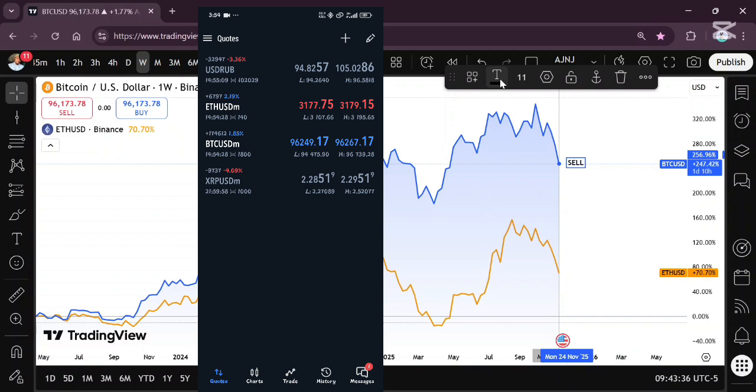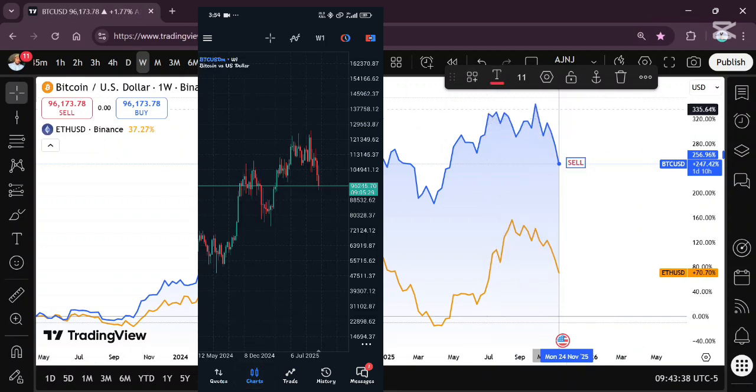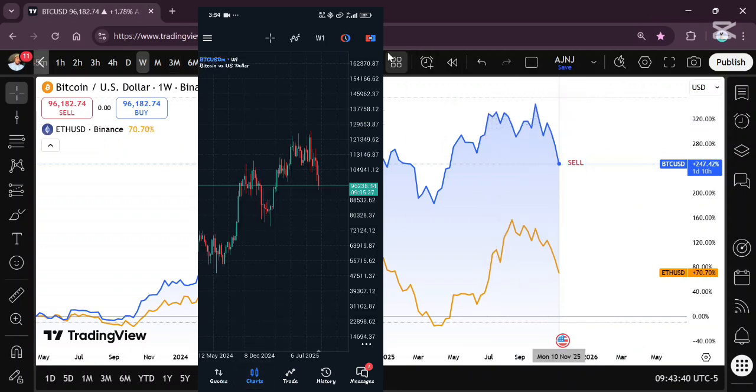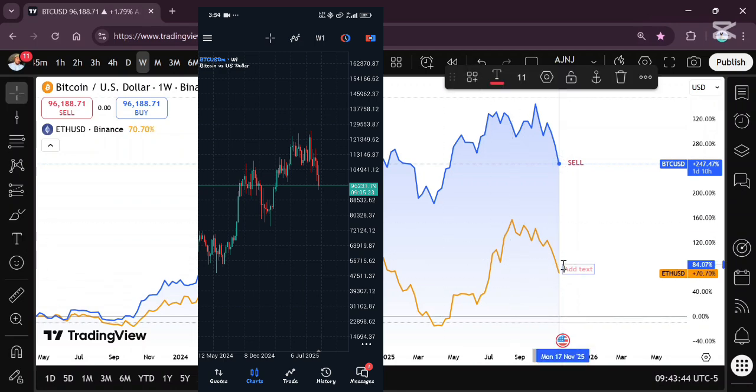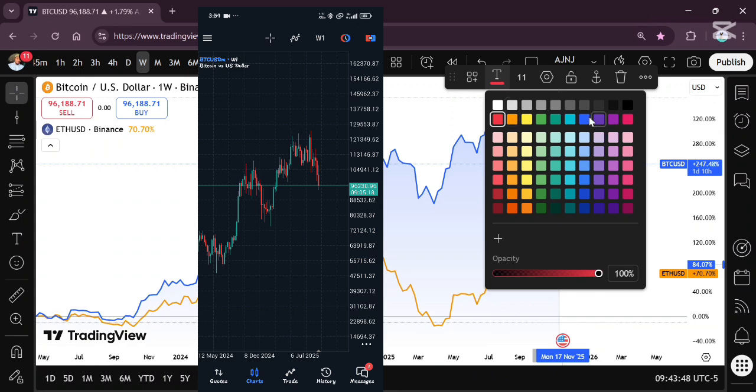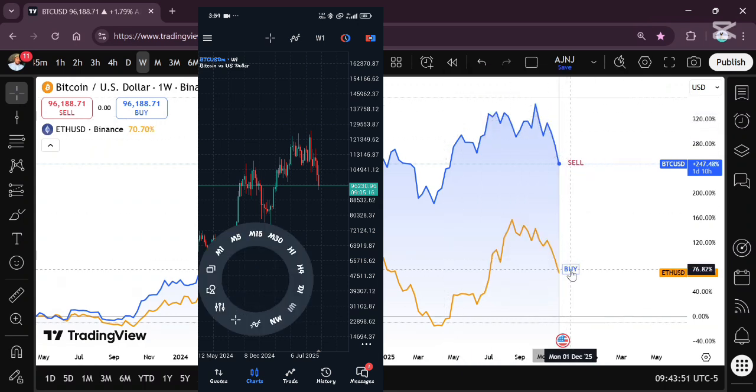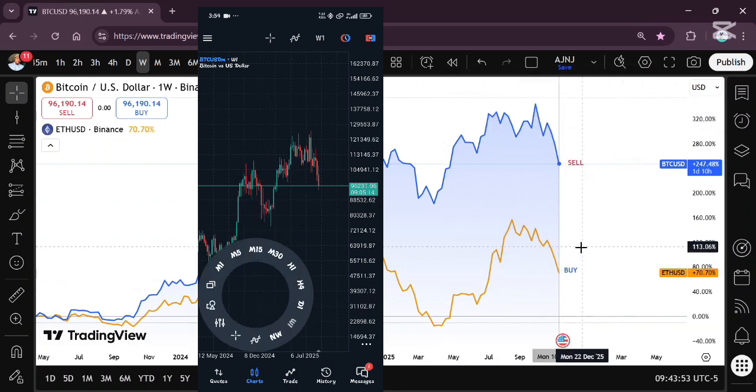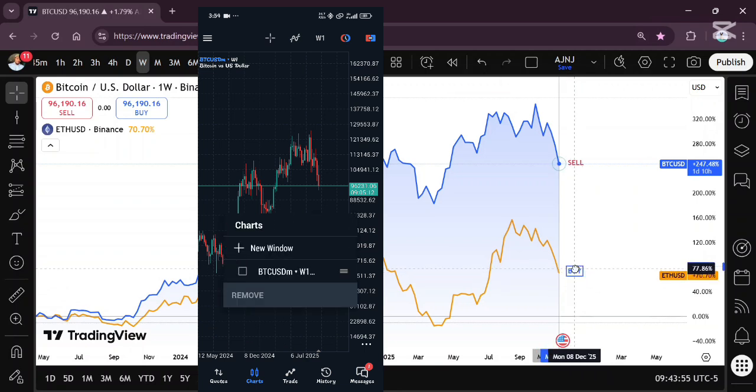Let me change the color to red. So I'll be selling Bitcoin and I'll be buying Ethereum, right? This is the method I use to trade the crypto market.